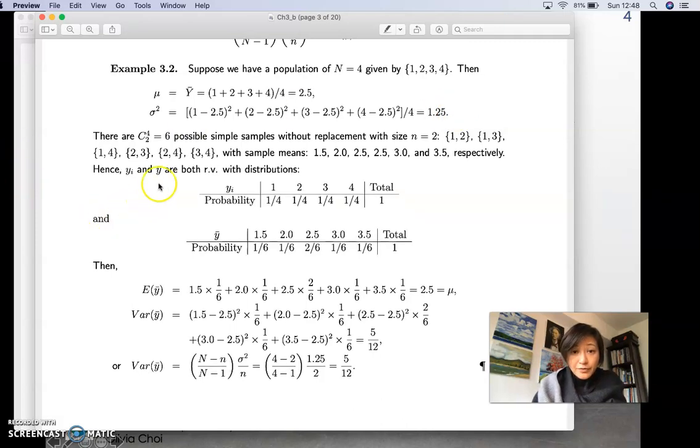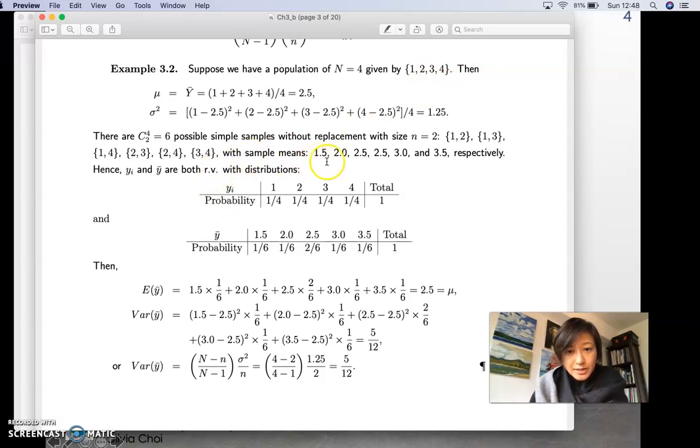Now we select a sample from that population. Let's say we select a sample of size 2. The total number of possible samples would be 4 choose 2, so if we choose all the samples from this finite population, there are 6 possible samples: 1,2; 1,3; 1,4; 2,3; 2,4; and 3,4.